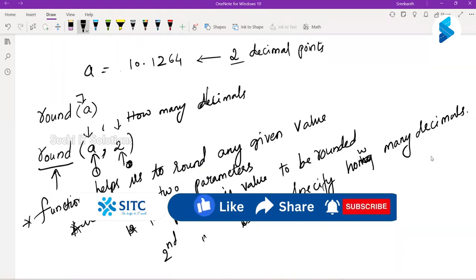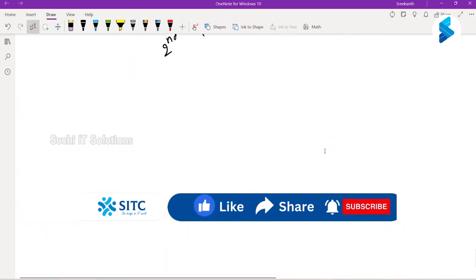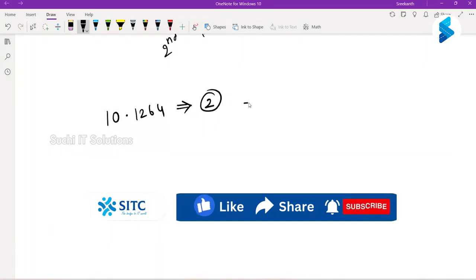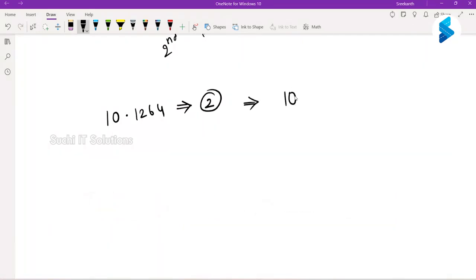Yes, sir. Okay, let us try rounding a few numbers. Let me show one example here. If I round 10.1264 to 2 decimal points, the output would be 10.13.